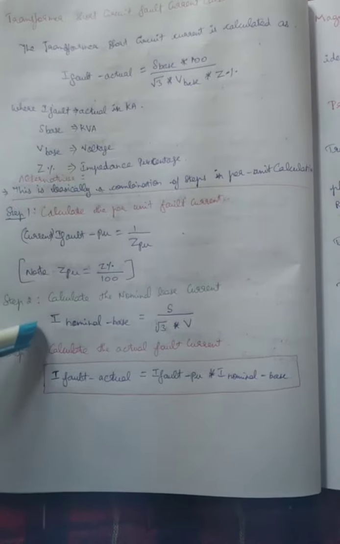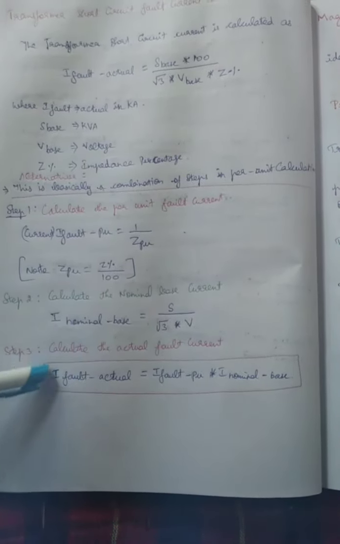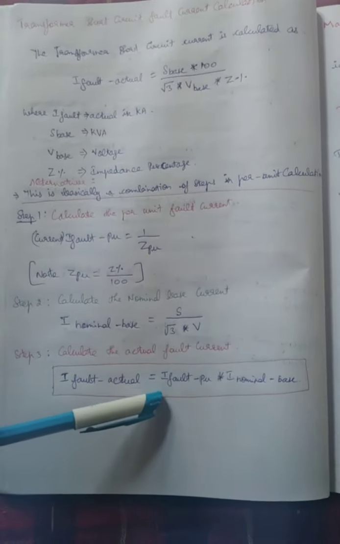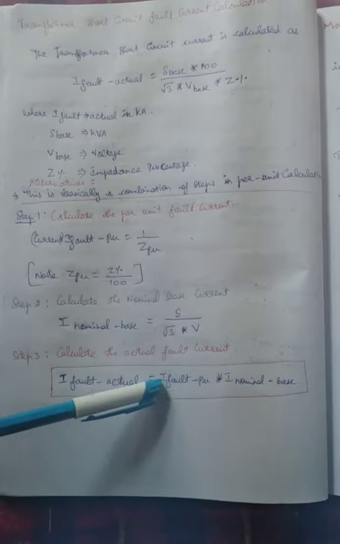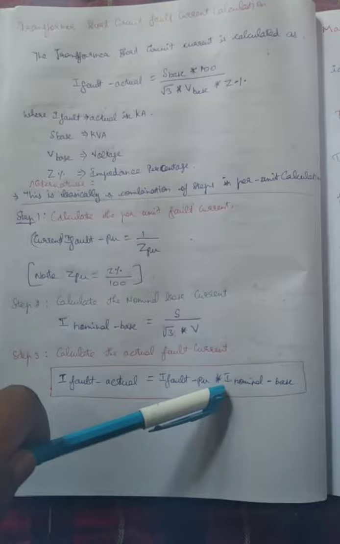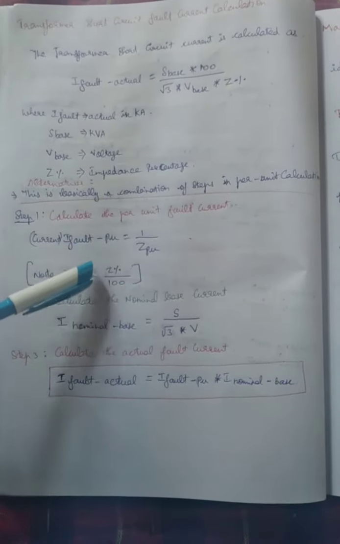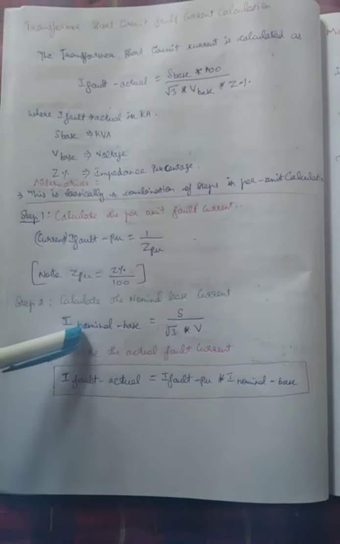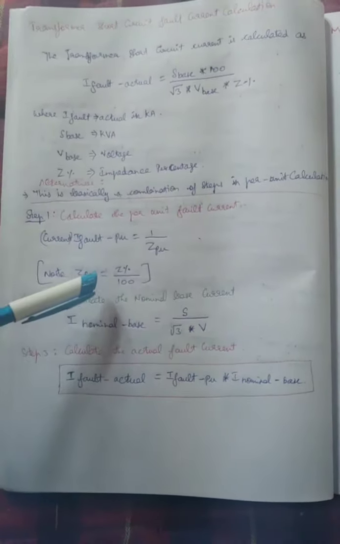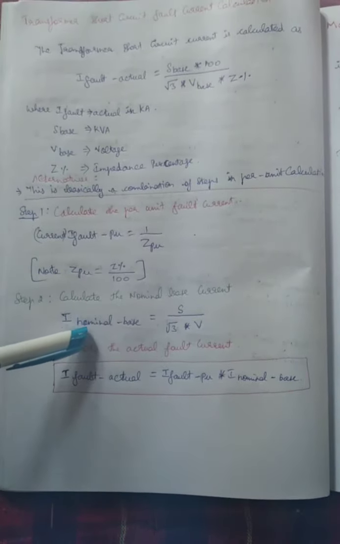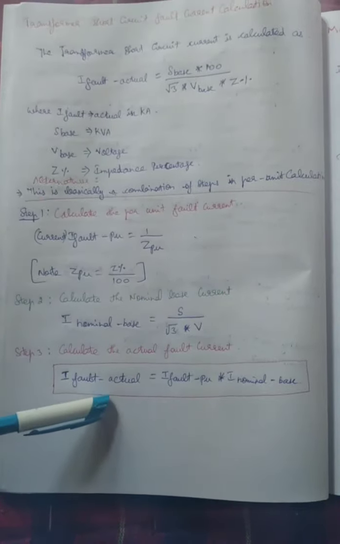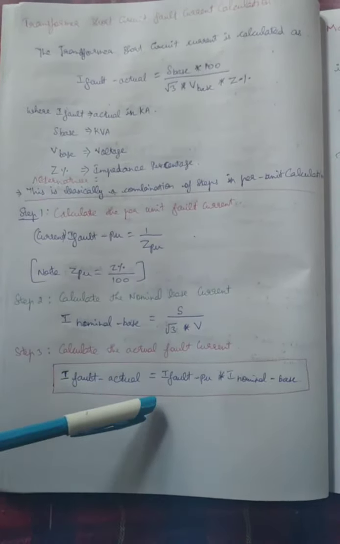So now we need to calculate the actual fault current, which means I fault actual is equal to the fault per unit current into I nominal base current. These two, the per unit fault current and the nominal base current, are multiplied to give the actual fault current.